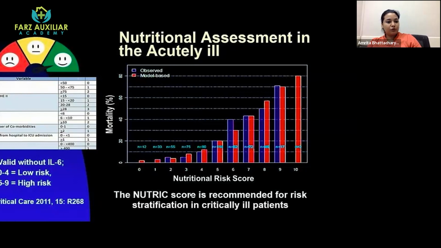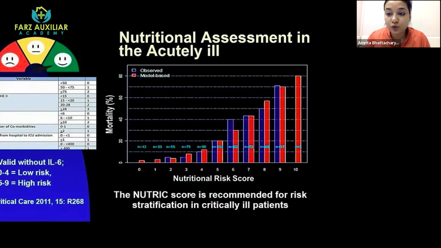Now, if you look at these variables, the age, the APACHE, the SOFA, the number of comorbidities, and the days from hospital to ICU admission, you will understand that the major variables here are basically the severity of the illness and how long the patient has been admitted.